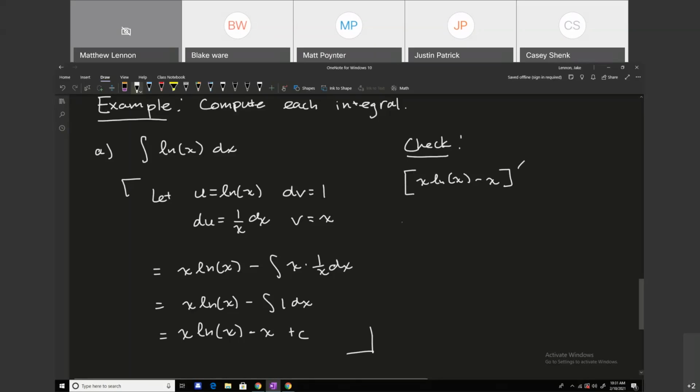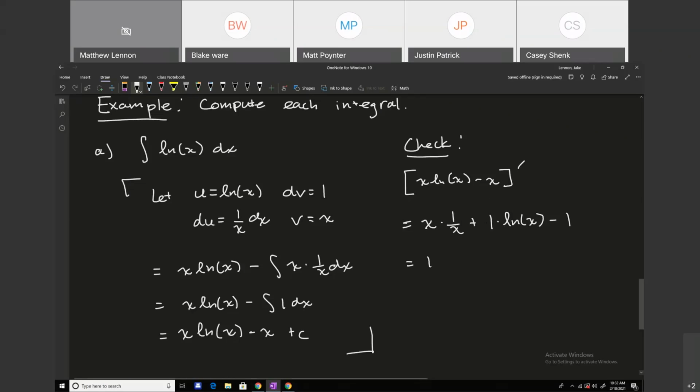If you take the derivative, the derivative of the minus x is just going to turn into minus 1. But for the x times the natural log of x, you need to use the product rule there, right? So what would you get? Well, you'd have the first times the derivative of the second, so x times 1 over x, plus the derivative of the first times the second, that would be 1 times natural log of x, and then minus your 1 from before.